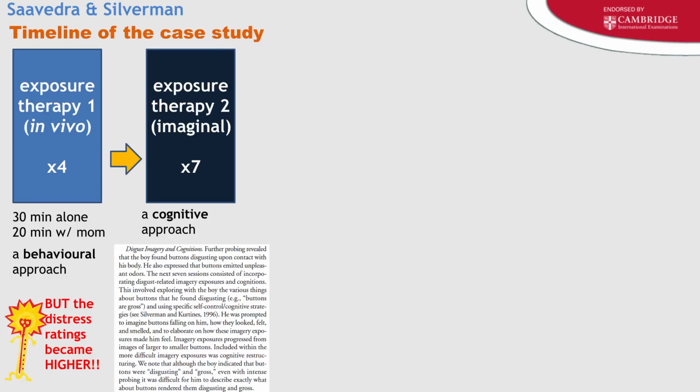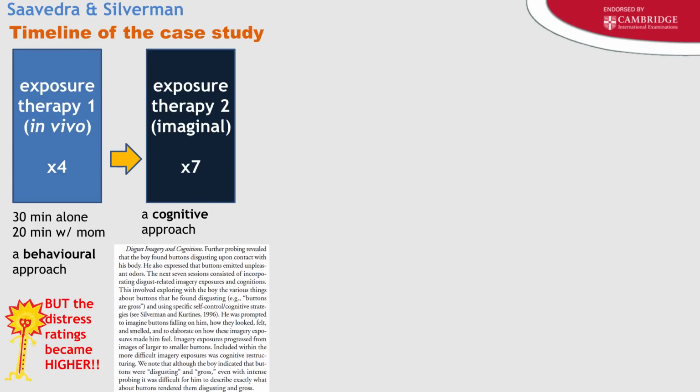In these imaginal exposures, they would ask him to imagine first small buttons moving up to medium, then large buttons, and to vocalize his cognitions, to talk about how the buttons feel, or how they look, or even how they smell, which is odd because we don't associate buttons with smelling, especially smelling gross. So by working through his cognitions and addressing cognitions rather than just behaviors, we are trying to get a better handle on how he could approach buttons in the future.